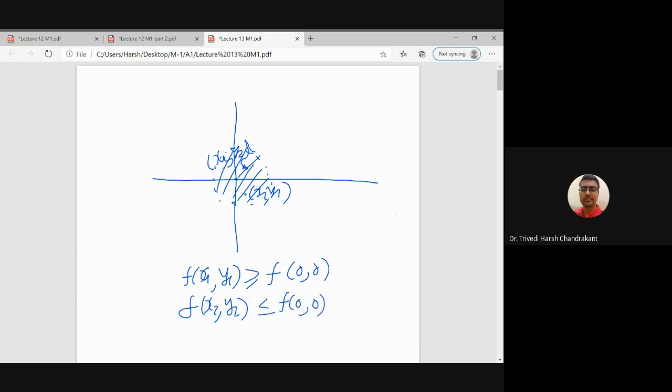If we can show this condition for any delta greater than 0, then that means (0, 0) is a saddle point.